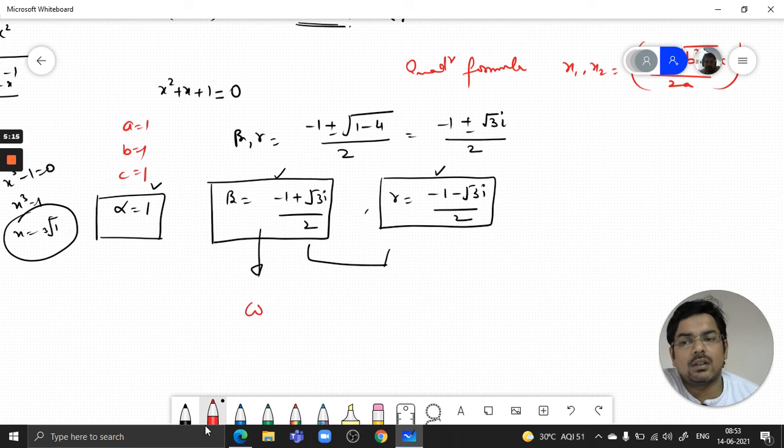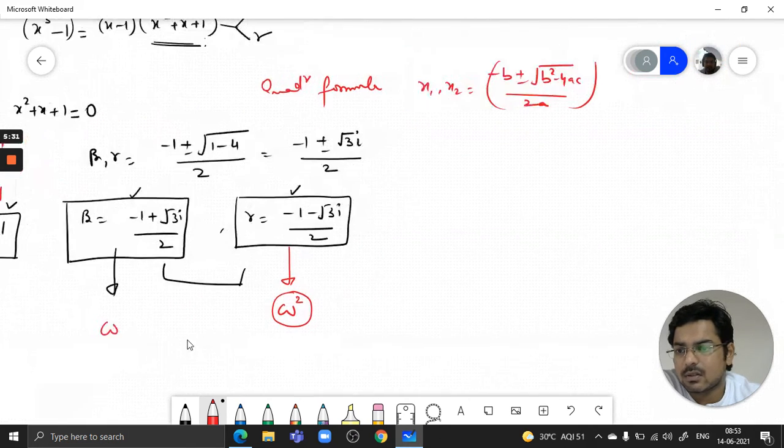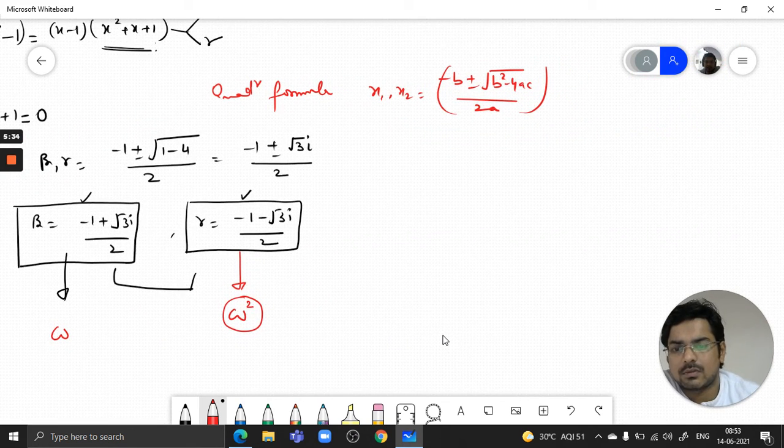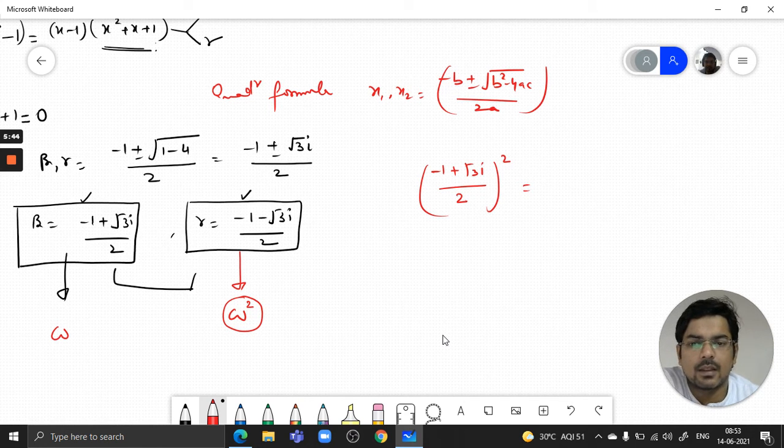If we call beta omega, then this is omega square. Let's verify this. We have minus 1 plus root 3 iota upon 2. Let's get the square of it. In the numerator we get 1 plus 3 iota square minus 2 root 3 iota, and in the denominator we get 4.